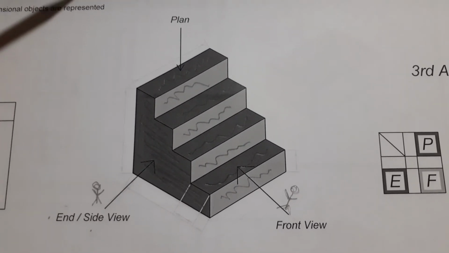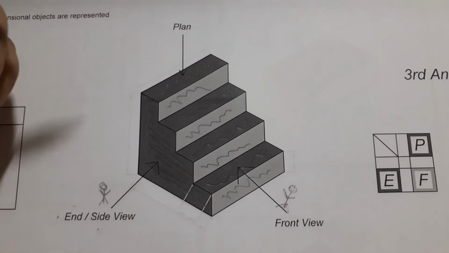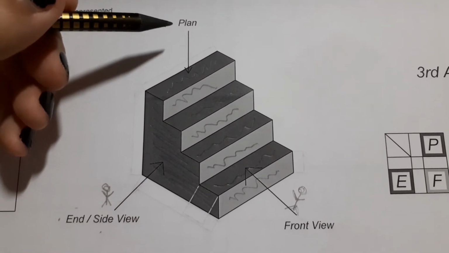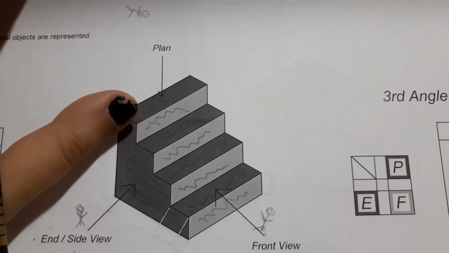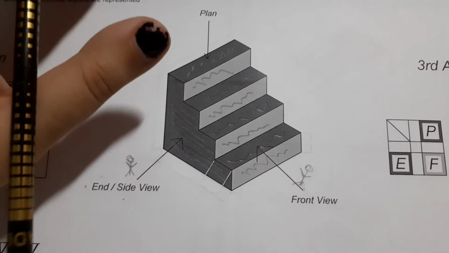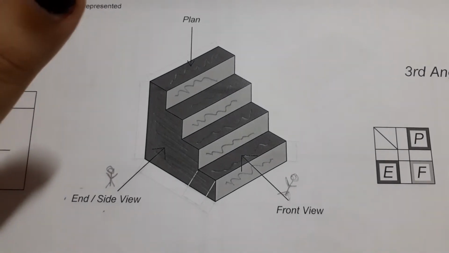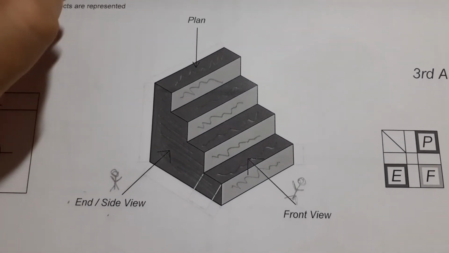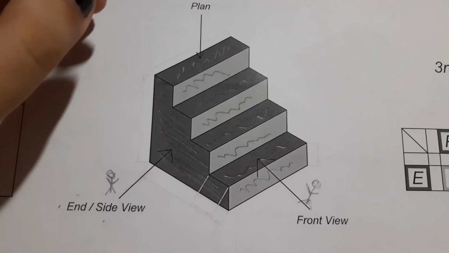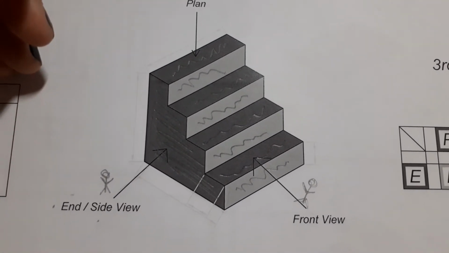So those are the three 2D views when looking upon a 3D diagram. That's it. Don't think about it too much. Don't complicate it too much. That's all it is. Orthographic projection is the breakdown of a 3D diagram into 2D views.